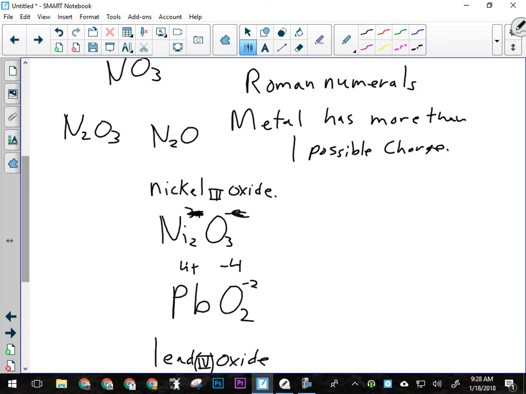Yep, it's the same formula sheet you had before, right? So it's that table of polyatomic ions on top. No, they're combinations. Right, that's a polyatomic ion, that's nitrate.